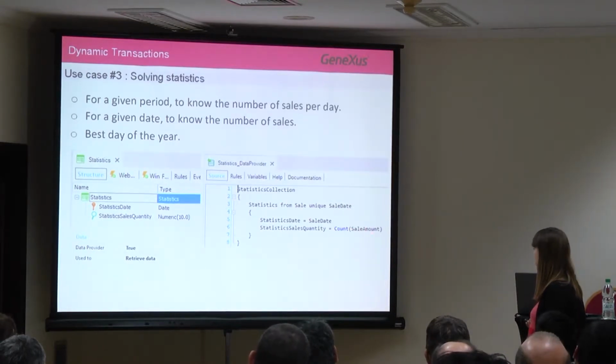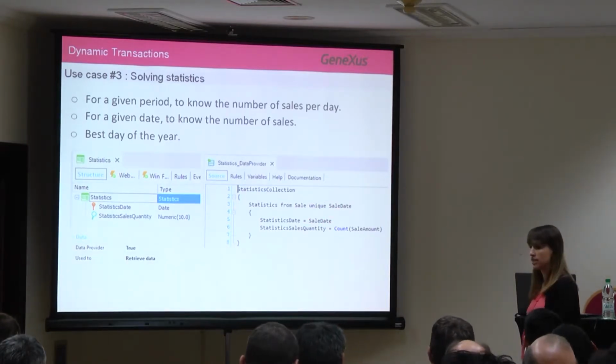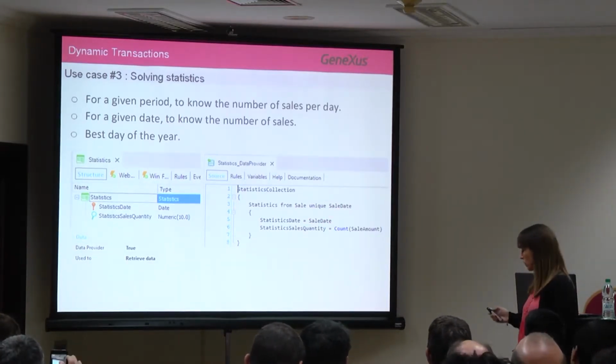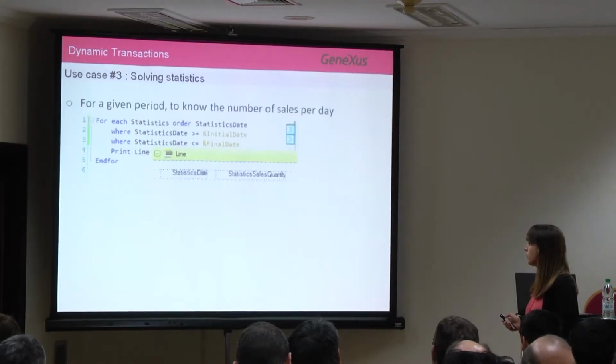I could have put any sale attribute, sale date, sale amount, I don't know. And so I'm surfing here, and I'm taking the data just once, and for that date, I'm counting the number of sales. Now, once I've defined this, I can solve the requests I've been made.